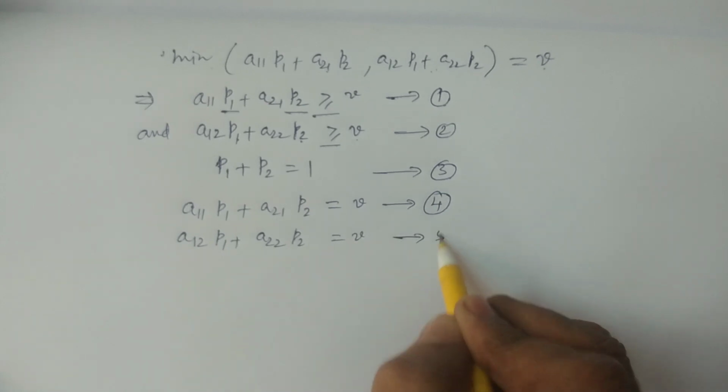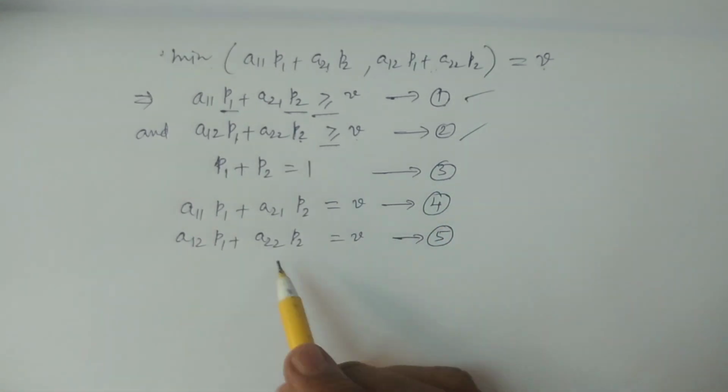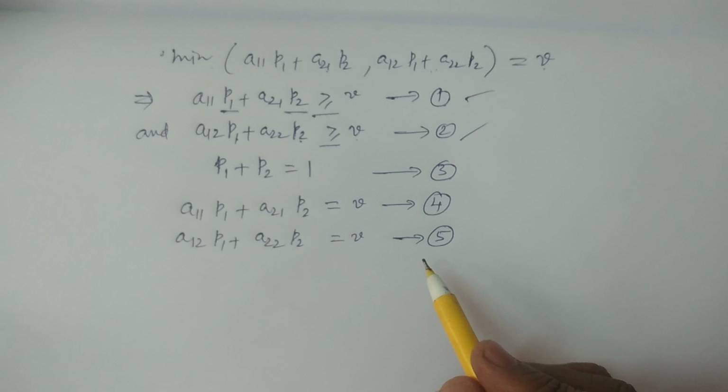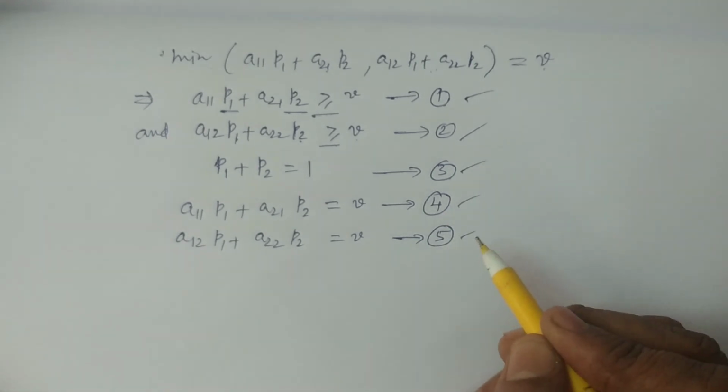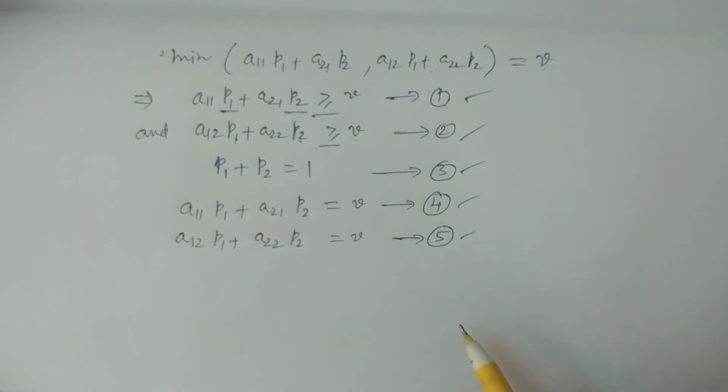I have considered these strictly as equations to solve, that's all, nothing else. I have considered only the equality of the constraints to solve for the values of P1, P2 and mu, right? So by using equations 3, 4 and 5, I solve for the values P1, P2 and mu.